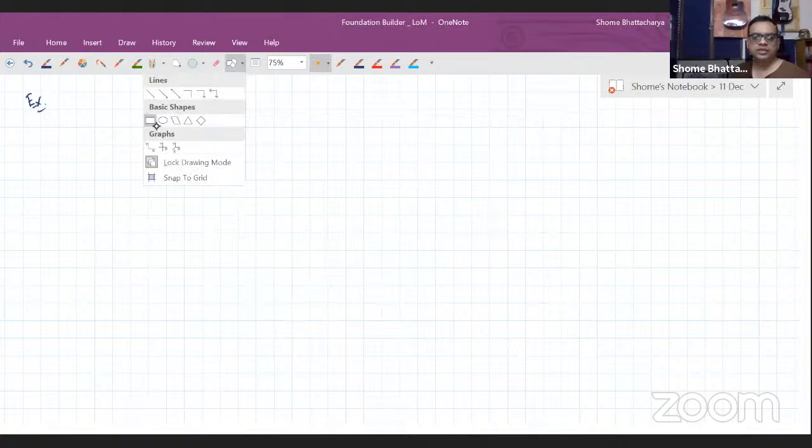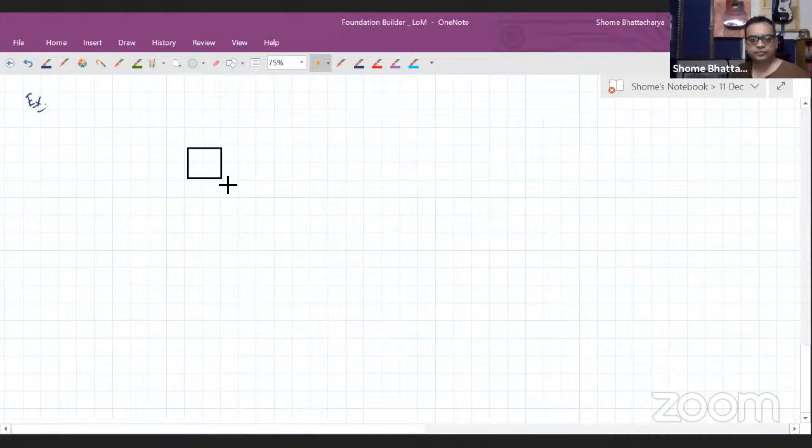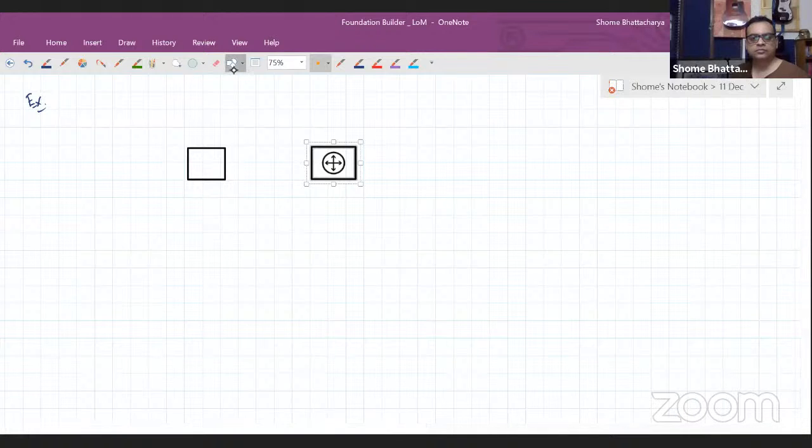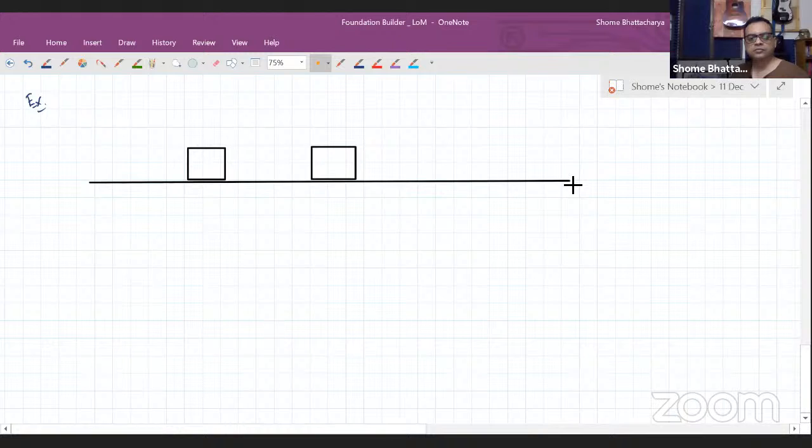Anyway, now this next example: a combination of two blocks tied by a massless thread.